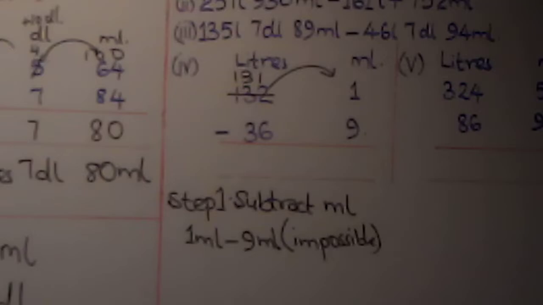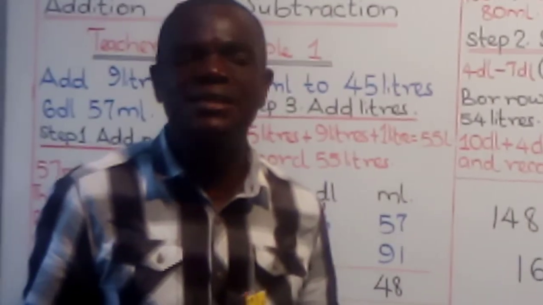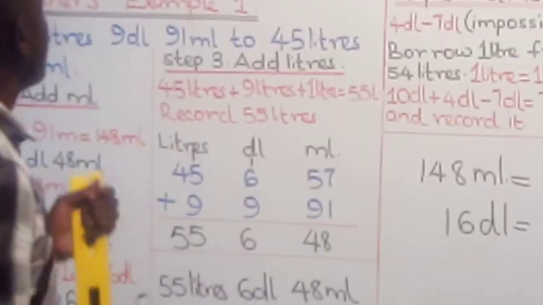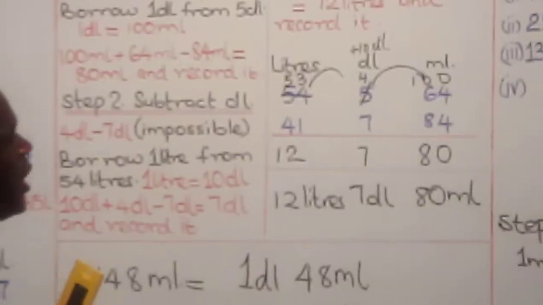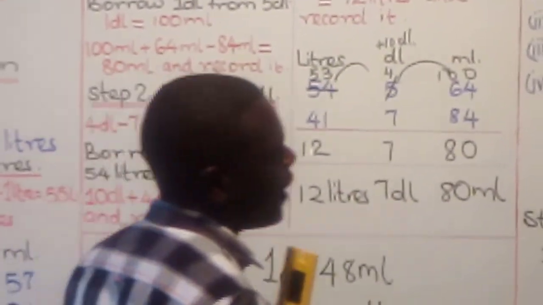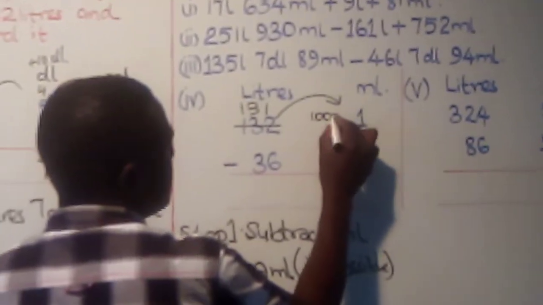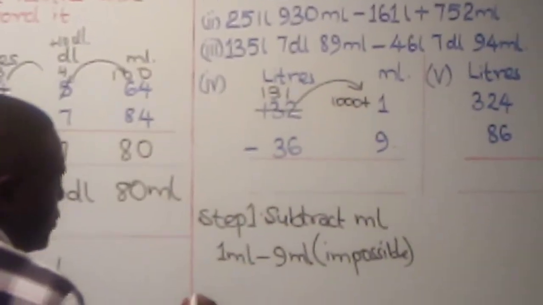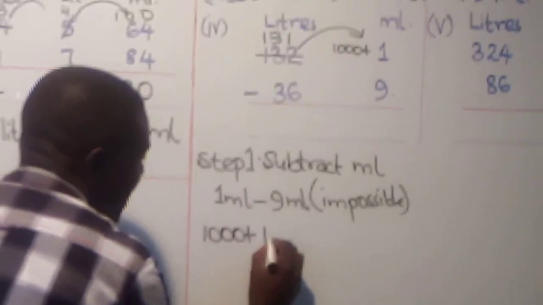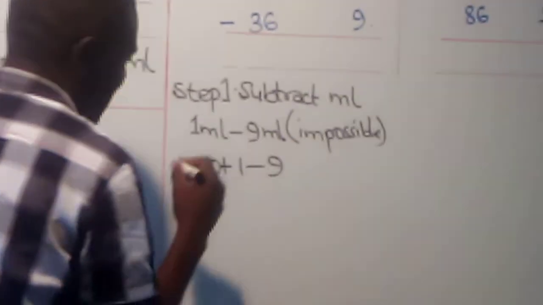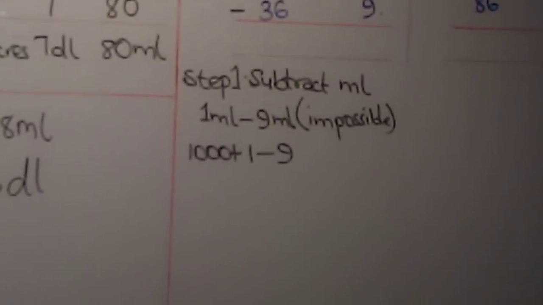Masiza, very good, as 1,000 milliliters. So we are going to add 1,000. So here we're going to do 1,000 plus 1 minus 9.